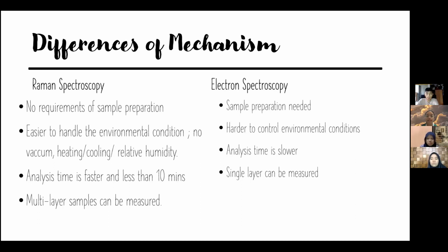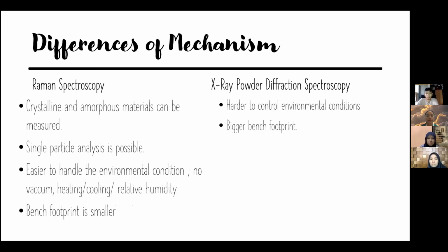Next is Raman spectroscopy and X-ray powder diffraction spectroscopy. Raman spectroscopy measures crystalline and amorphous materials, while X-ray powder doesn't. Raman spectroscopy also makes single particle analysis possible.